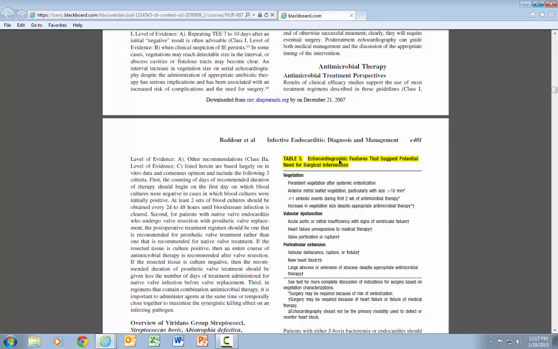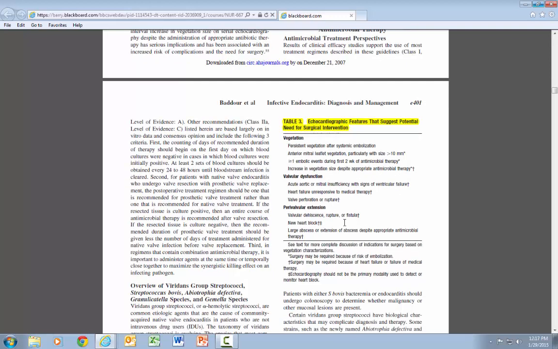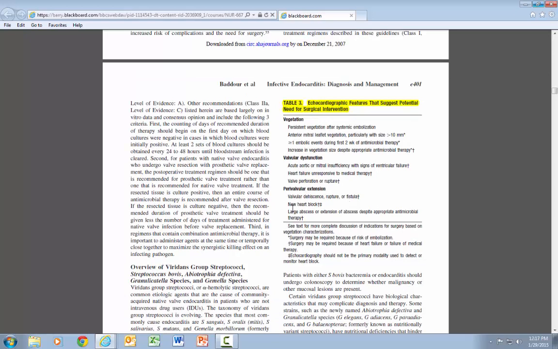Now, when do you need surgical intervention? When, again, vegetations are large, when there's a prior embolic event, when there is aortic or mitral insufficiency with signs of ventricular heart failure, CHF, when there is perforation or rupture of the valve, when there is dehiscence, when there is a new heart block, or when there is a large abscess.